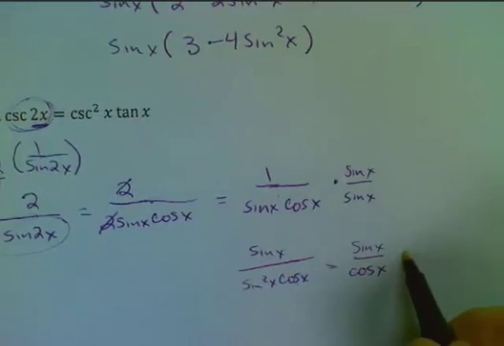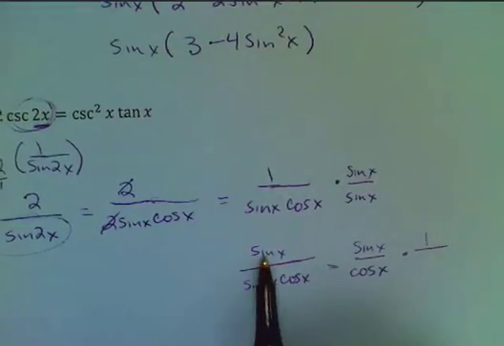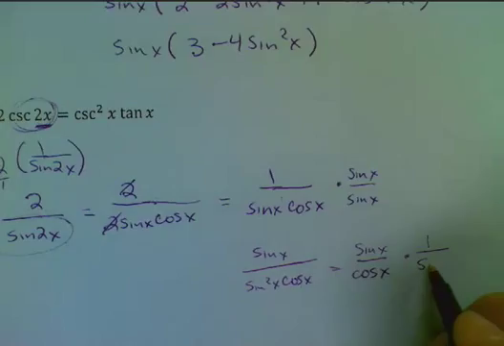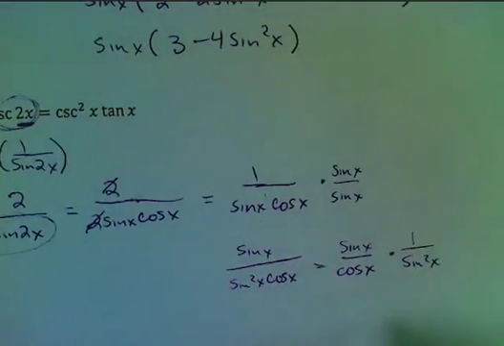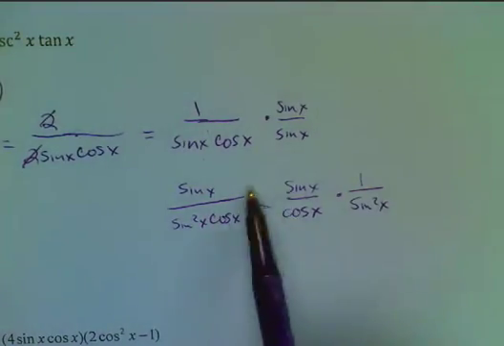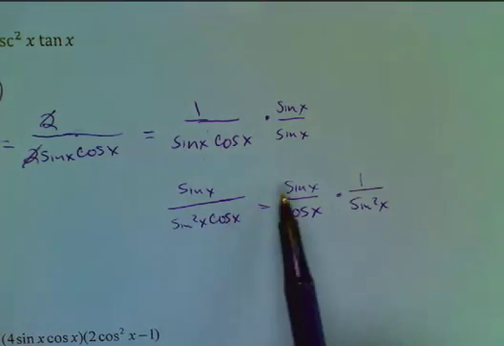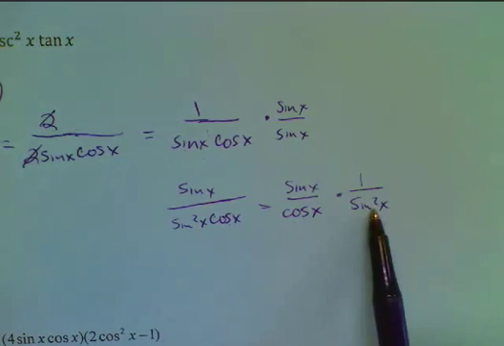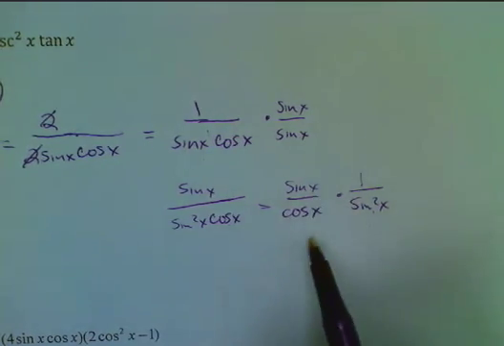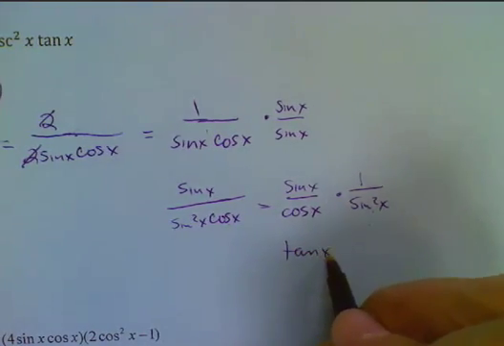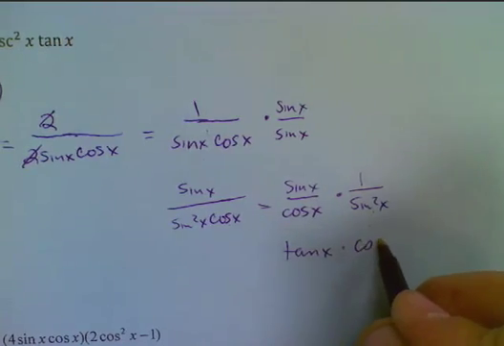What would be left? Well, I'd have to have a 1 up here, so I'm just left with sine. Down here I'd have to have a sine squared. So I haven't changed anything. I still have sine of x and then sine squared cosine on the bottom. I just took this and split it up into 2 separate fractions that are multiplied together. This now is the tangent of x, and this is the cosecant squared of x.